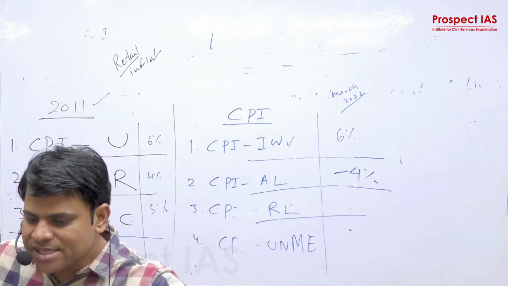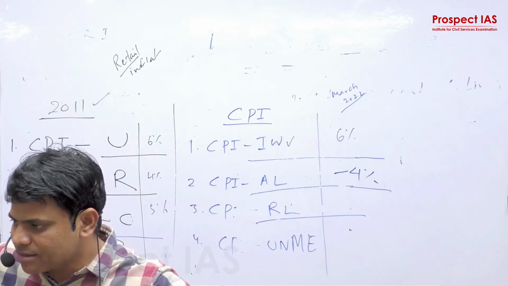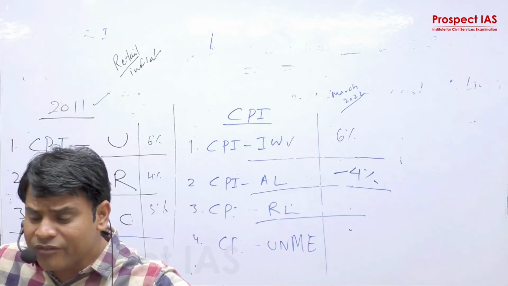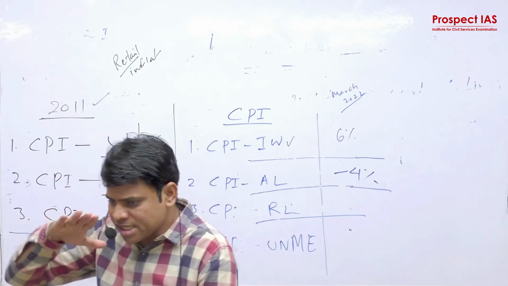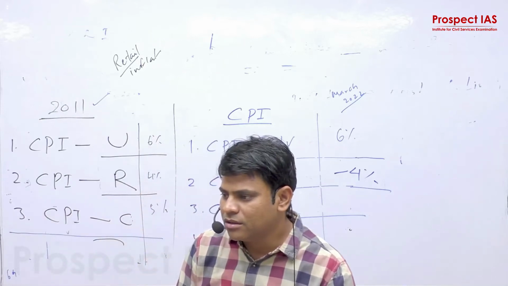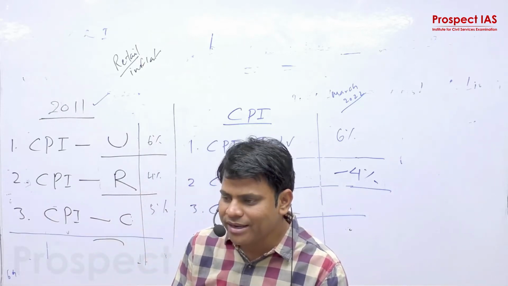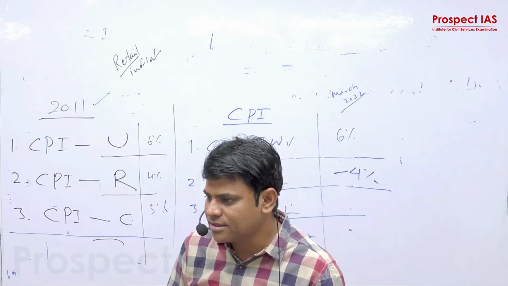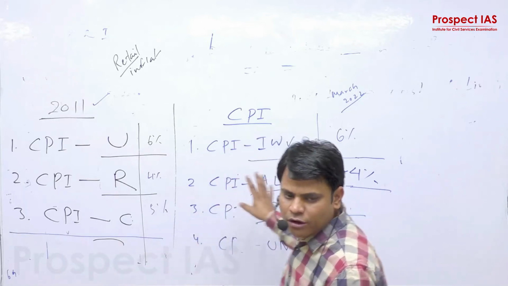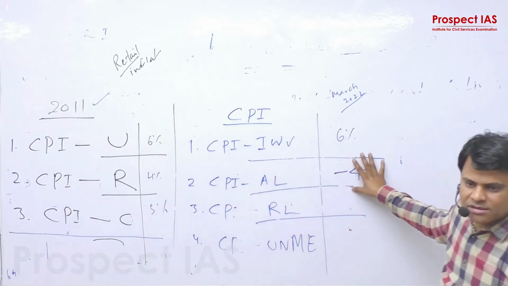We have to revise the salary of different groups of workers, as we all are confronted with the situation of inflation, and as a result of inflation our purchasing power keeps on coming down. So it is mandatory that we revise the salary and wages given to workers, and that we do on the basis of this measure.